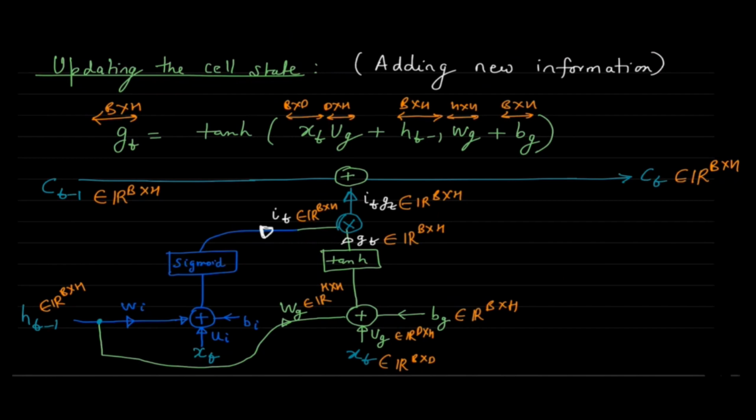What about the computation? It will multiply the information from the forget gate with the previous state of the cell and add it to the information from the input gate, then adjust using the tanh function. The first step is adding new information.